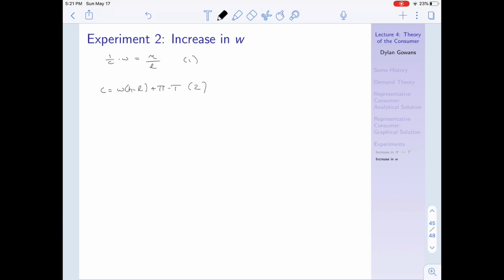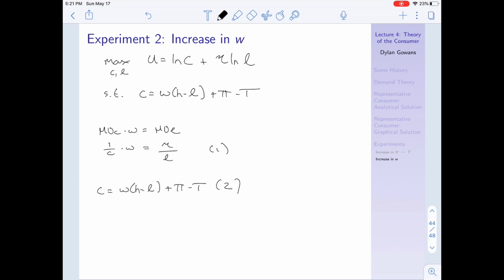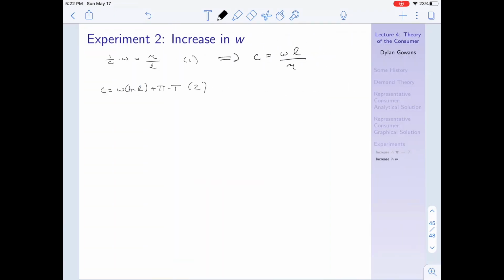Okay, so notice that we can rearrange for C in 1 here. And so that just gives us C is equal to... And now let's plug that into equation 2. Okay, so plug 1 into 2. And that gives us the following.